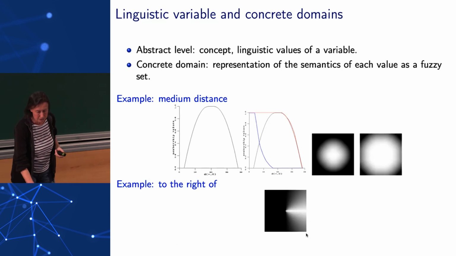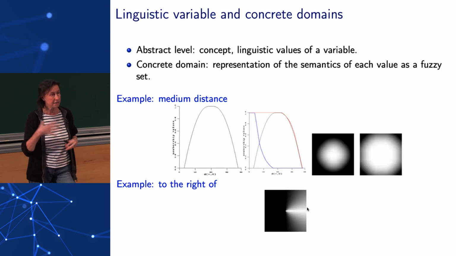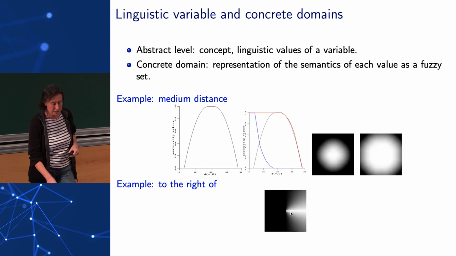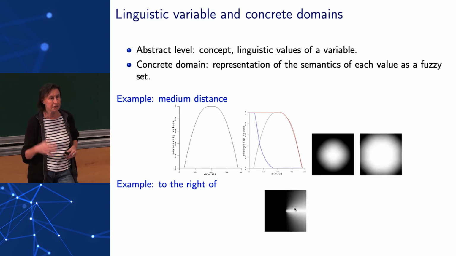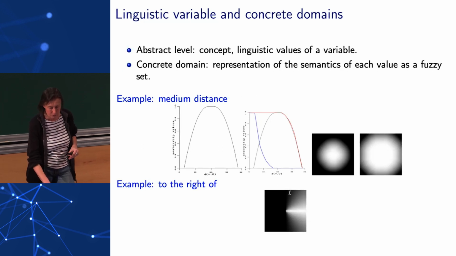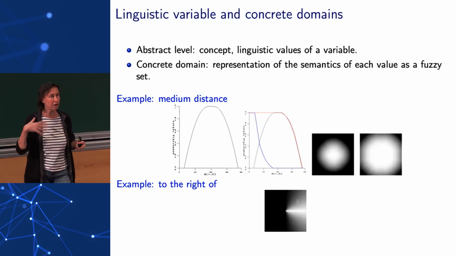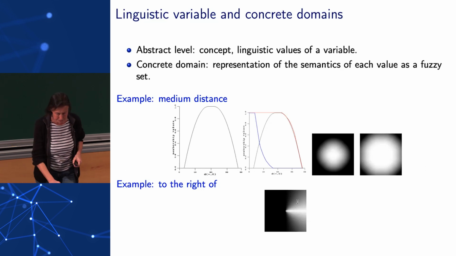We can define the semantics of this relation as a fuzzy set in the spatial domain, in the image domain, basically. Here we have a fuzzy set representing "to the right of", with high gray levels representing a high degree of satisfaction of the relation. This degree decreases when we go apart from the main direction. This can be tuned, of course, according to the application or even learned on sets of data.